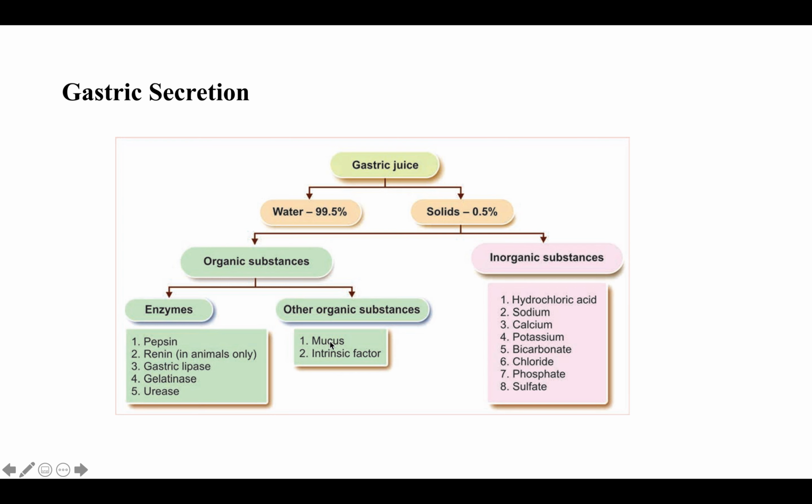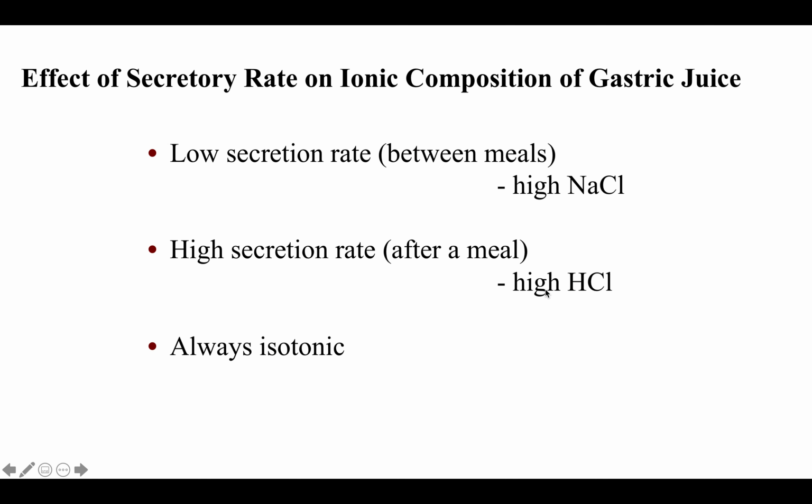We'll talk about them in more detail, and these are the ionic components. Now, the secretion rate will also affect the ionic composition. So, at low secretion rates, which are always present between the meals, there is high sodium chloride. However, after a meal, high HCl.